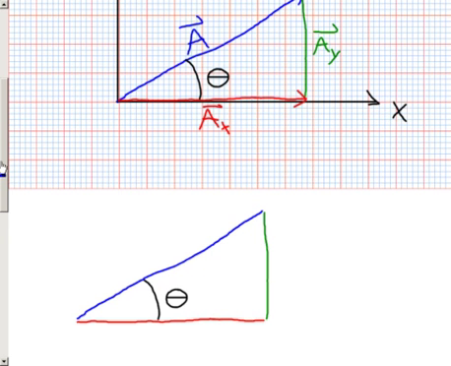Okay? A vector A has a magnitude or a size, that's how long it is, and a direction. All right? When we draw it, we give it its direction. Now, a lot of times, when you want to write the magnitude of a vector, let's say, vector A, we write it like this.